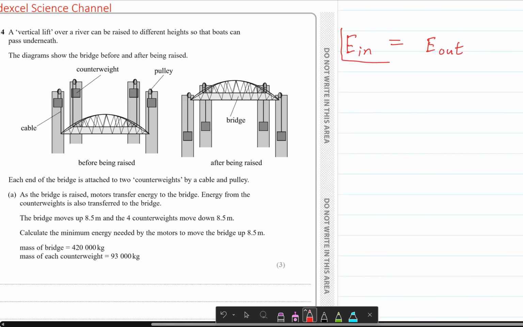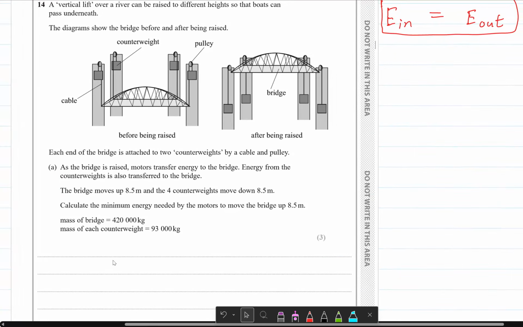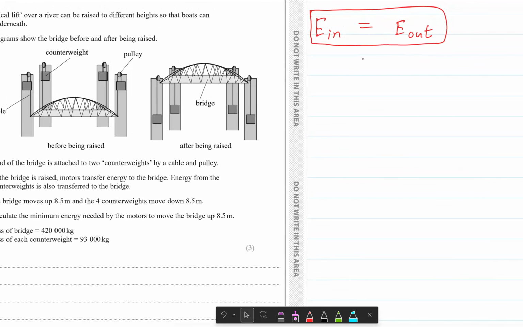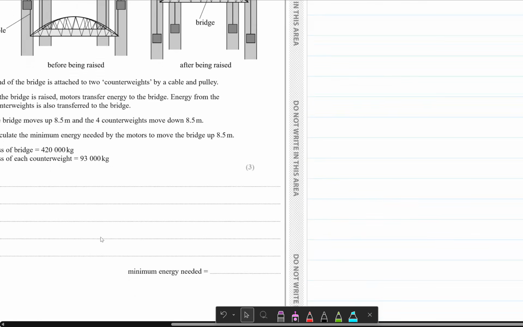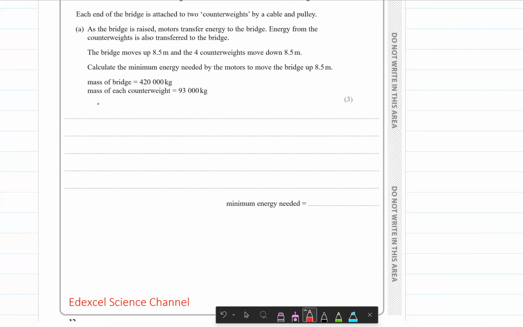If you can find the mathematical expression for this equation, you can find whatever the question is asking. So in this case, let me write it down: the energy in must equal the energy out.